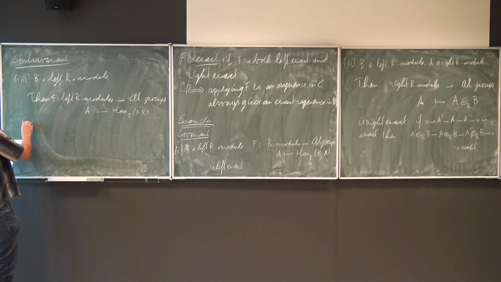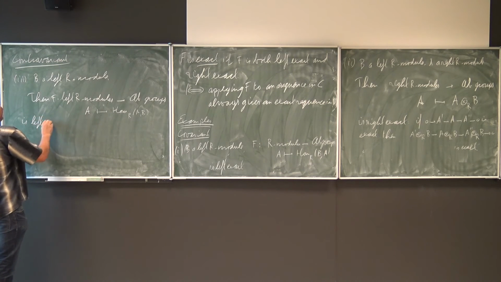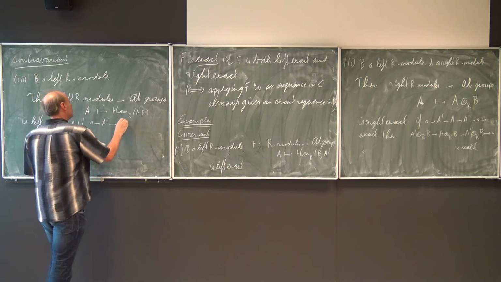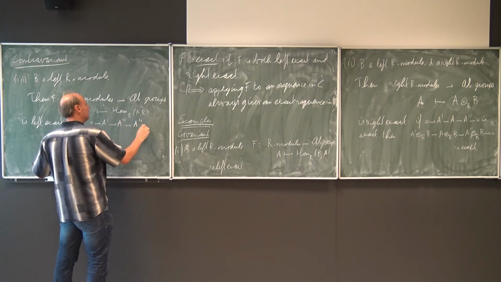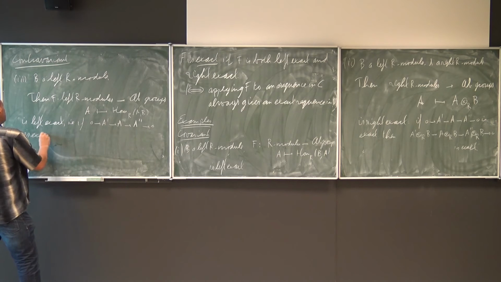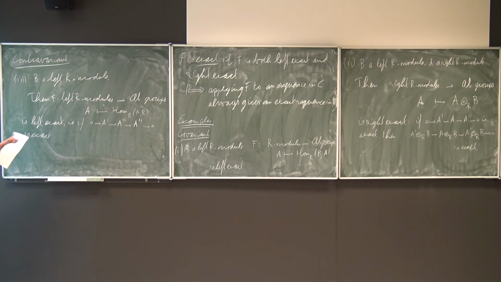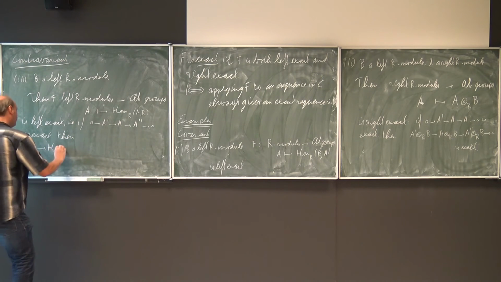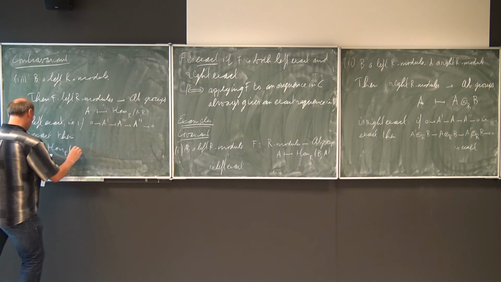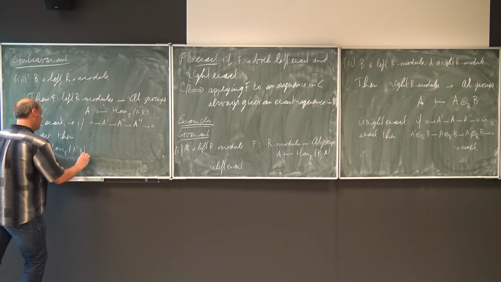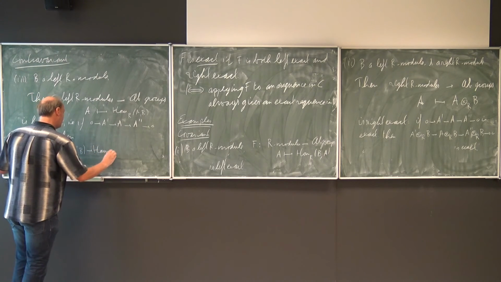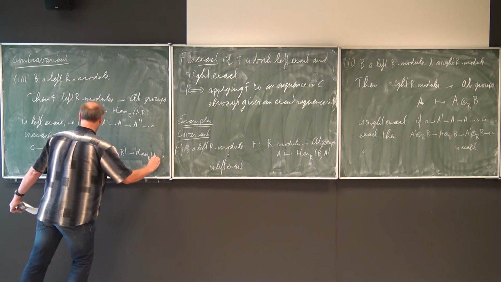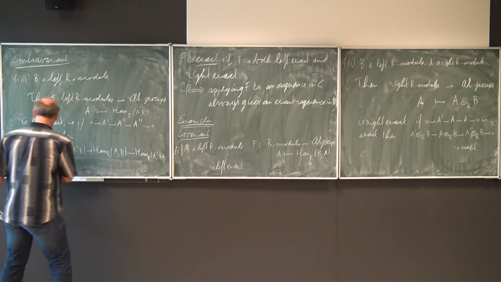So I claim this is going to be left exact, i.e. if 0 goes to A prime, goes to A, goes to A double prime, goes to 0, is exact in the category of left R modules, then 0 goes to Hom_R(A double prime, B), goes to Hom_R(A, B), goes to Hom_R(A prime, B) is exact.